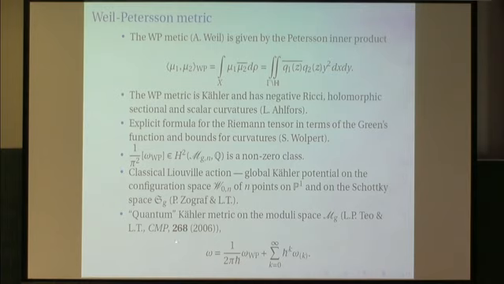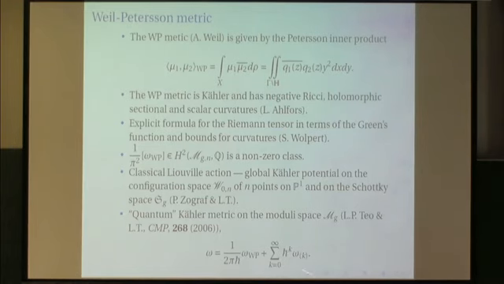And to say one last thing about this, let me say something very cryptic. This metric can be obtained as the two-point correlation function of the stress-energy tensor and its complex conjugate. So that's what it is. And its scalar potential is the partition function of the quantum Liouville theory.